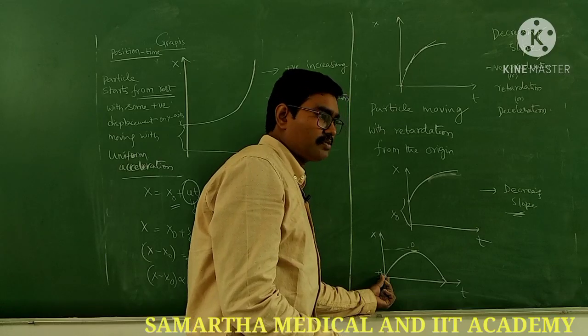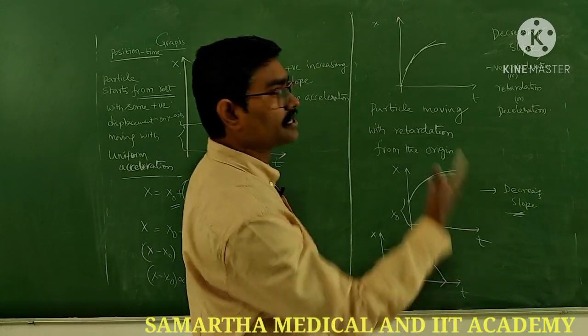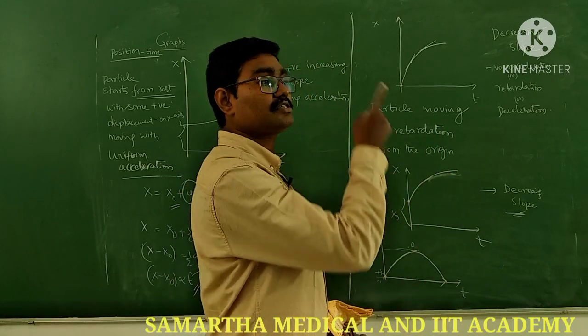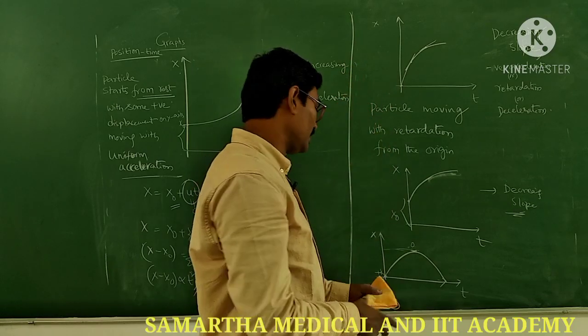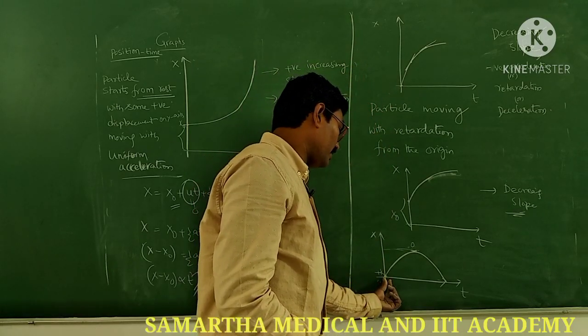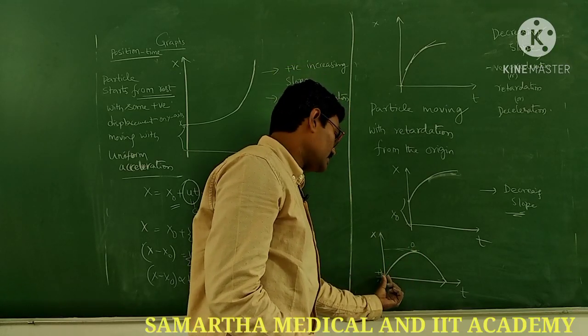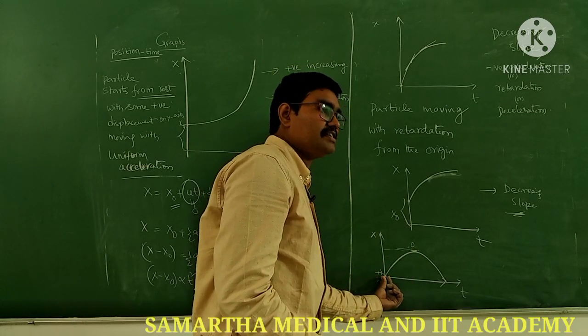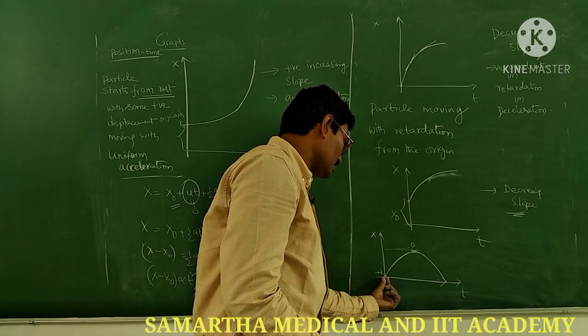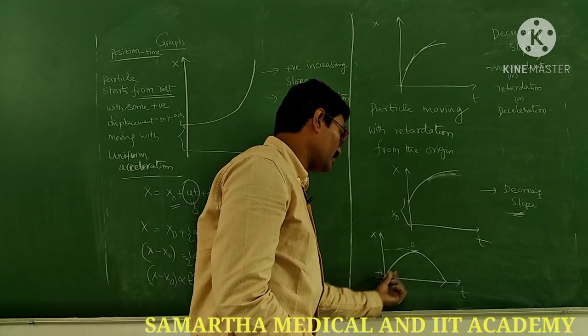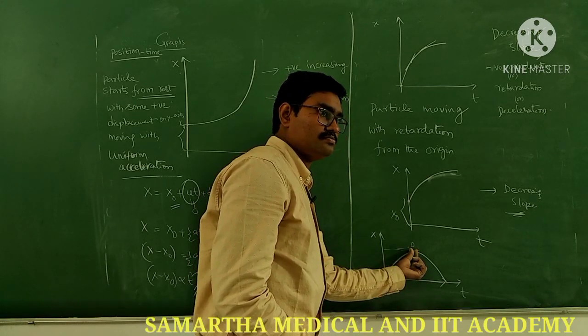The particle is started from the ground. It is thrown vertically upward. So gradually velocity decreases. Change in velocity is there, so due to that you will get acceleration. That acceleration is the slope, decreasing slope. So decreasing velocity, plus k to 0.